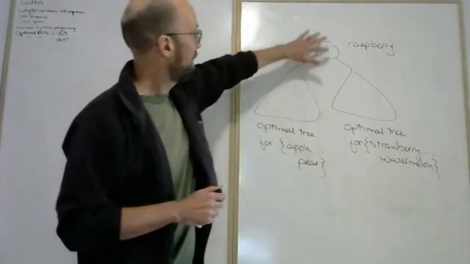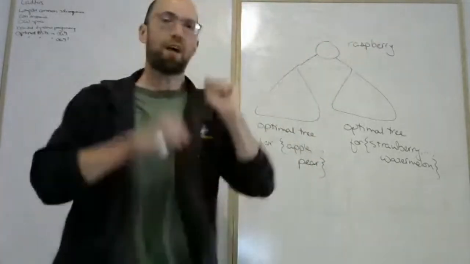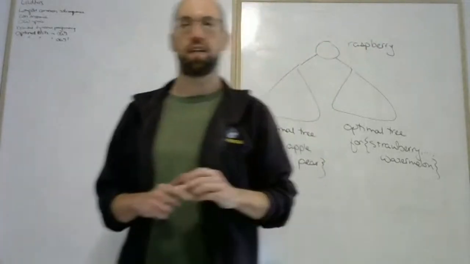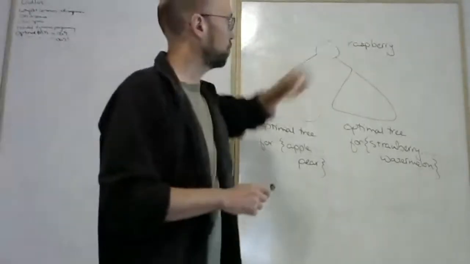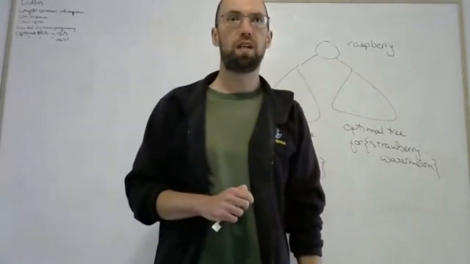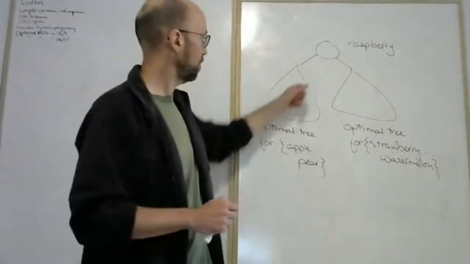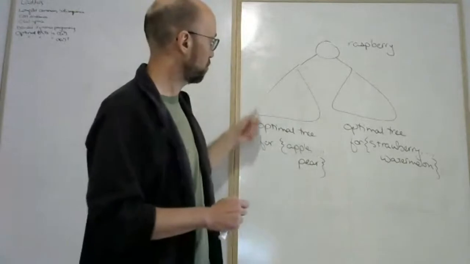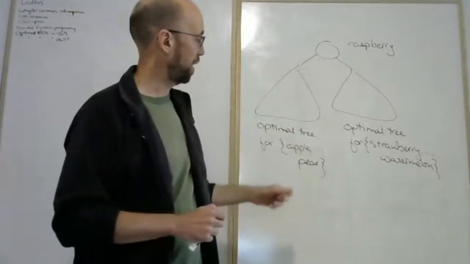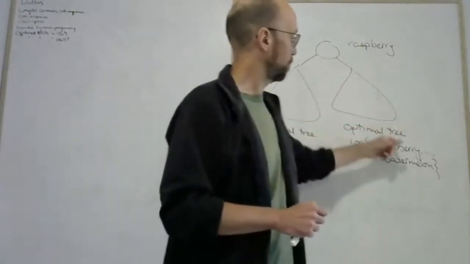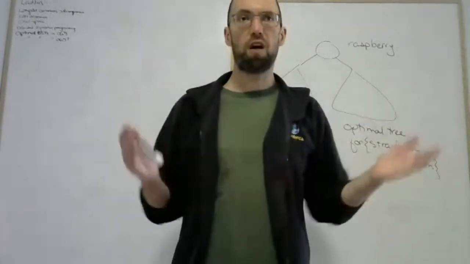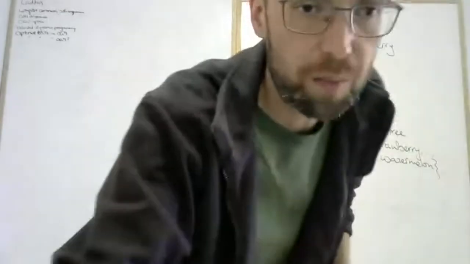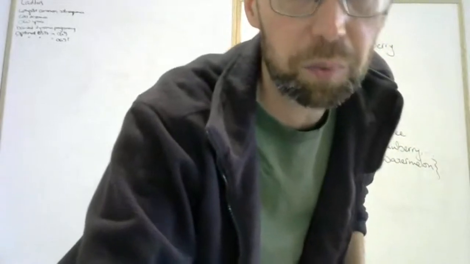So if you decide you want to root your tree at raspberry, then your left subtree will be an optimal tree for apple to pear, and the right subtree will be an optimal tree for strawberry to watermelon.